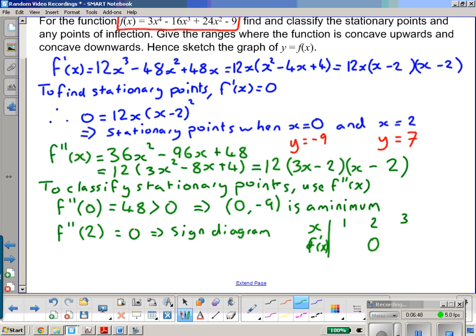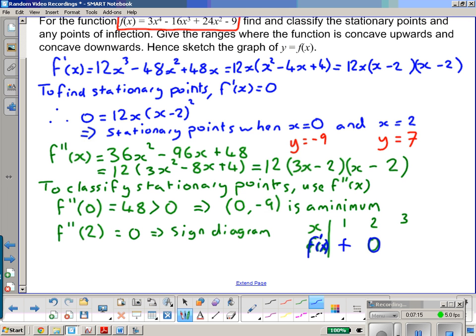When x is 1, f dashed, now remember this is f dashed, so maybe I should do this in blue here, so we can tell that it's f dashed of x. So in blue, f dashed for 1, we put it into the equation above, and we get a positive number.